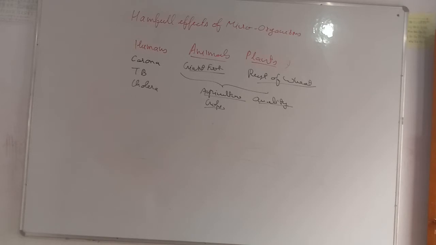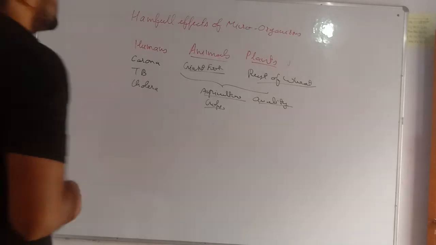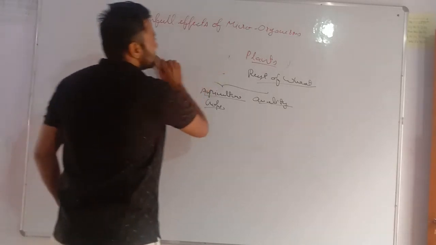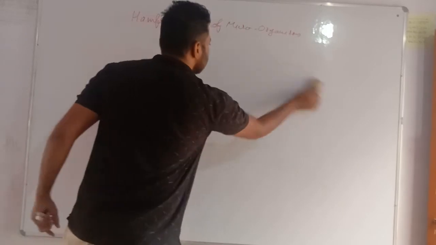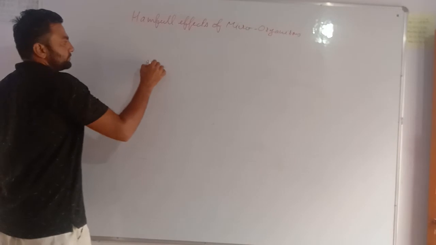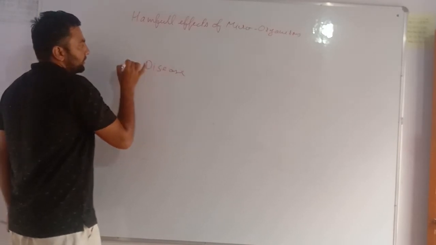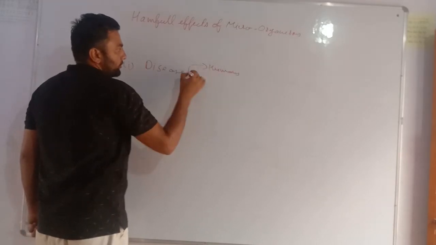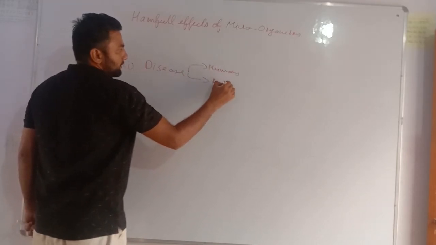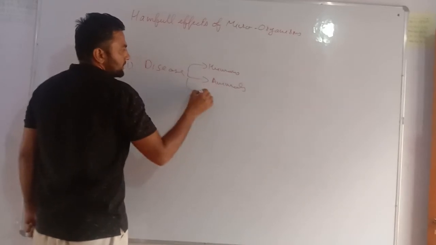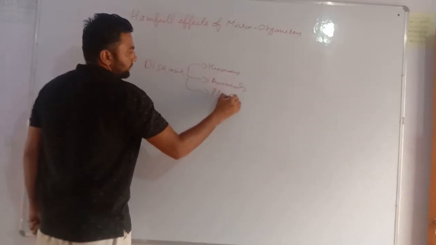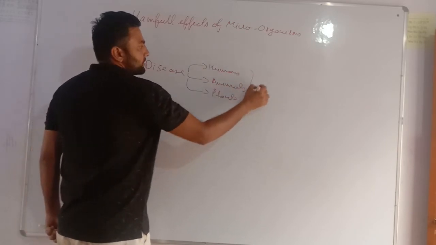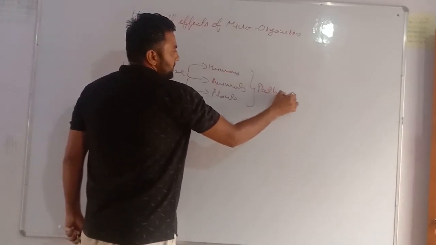But first of all, microorganisms cause disease in humans, in animals, and in plants. Microorganisms causing diseases are known as pathogens.